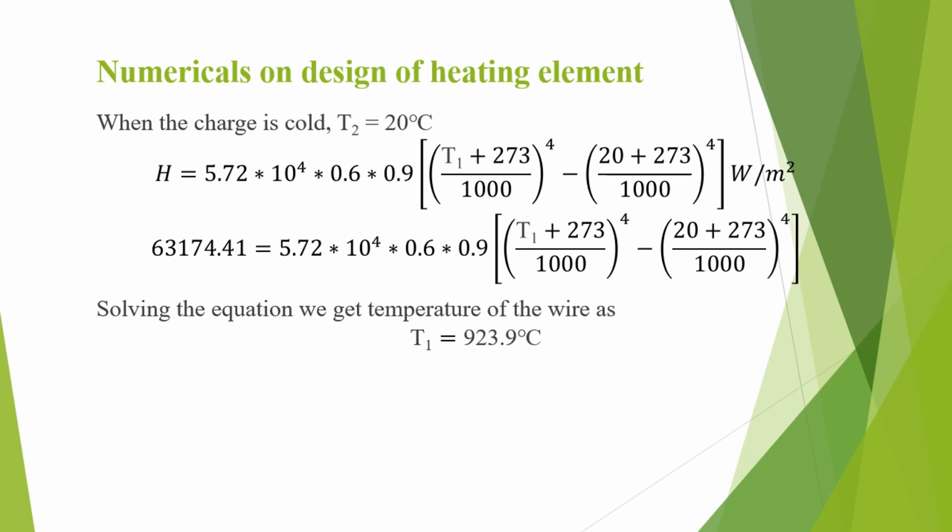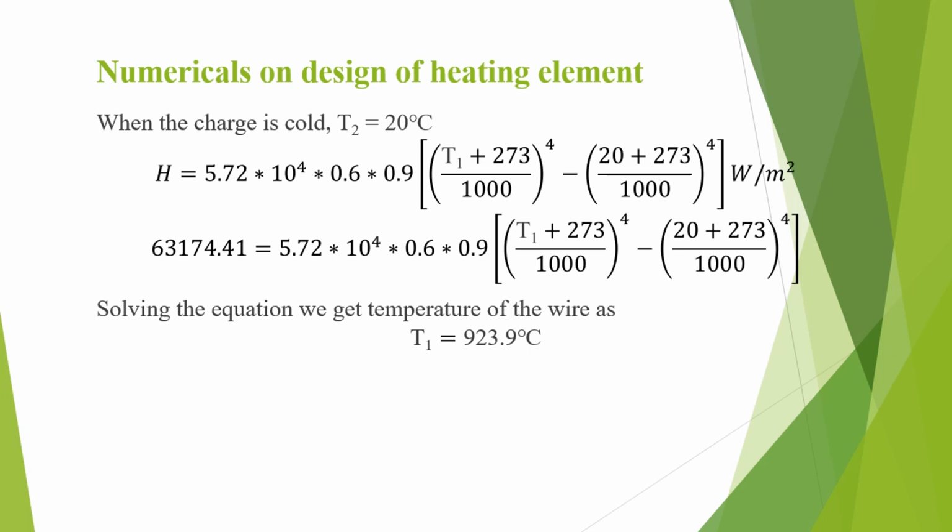So next part, when the charge is cold. We will assume the temperature T2 as 20 degrees Celsius. Now we are supposed to find the value of T1, that is the temperature of the hot body, given T2 as 20 degrees Celsius. We have the heat radiated equation, H equal to 5.72 into 10 to the power 4 into 0.6 into 0.9 into ((T1 plus 273) by 1000) to the power 4 minus ((20 plus 273) by 1000) to the power 4.